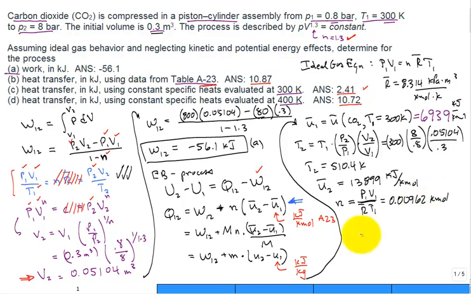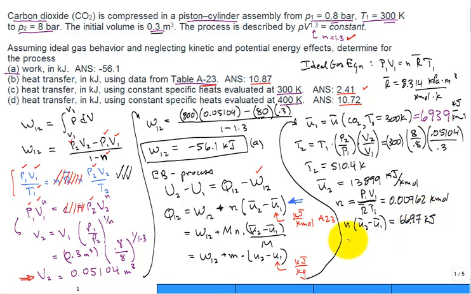You keep more digits in the calculator. You go to the next step, where I would calculate n times (u bar 2 minus u bar 1) as an intermediate step. You don't have to, but it comes in at 66.97 kilojoules.